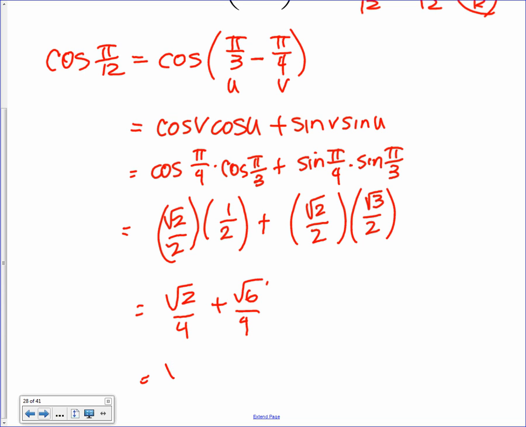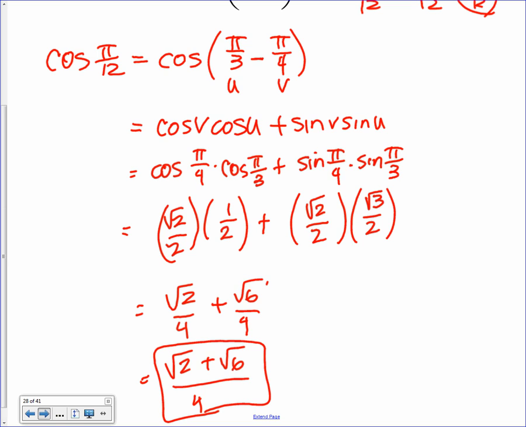A lot of times we'll combine these to be the square root of 2 plus the square root of 6 over 4. We have 5 more problems to derive, but they go a lot faster. Just so you are aware.